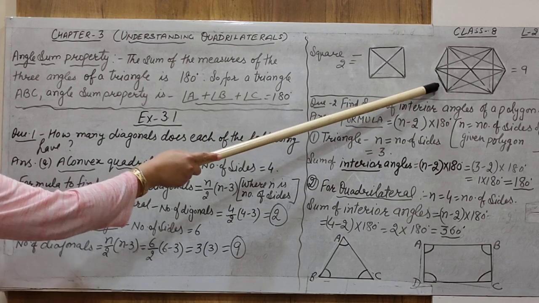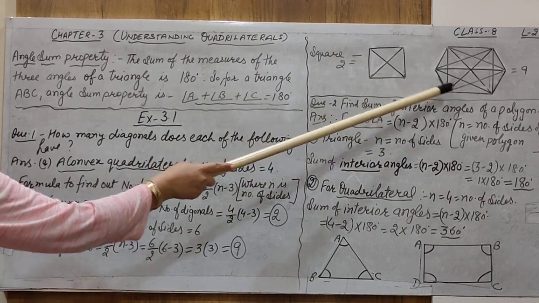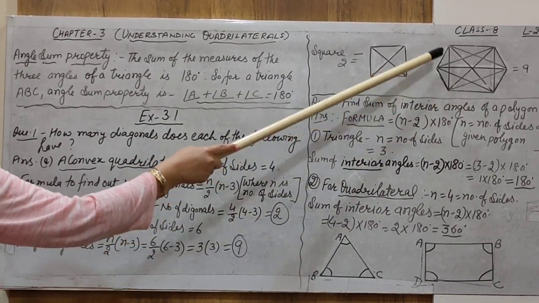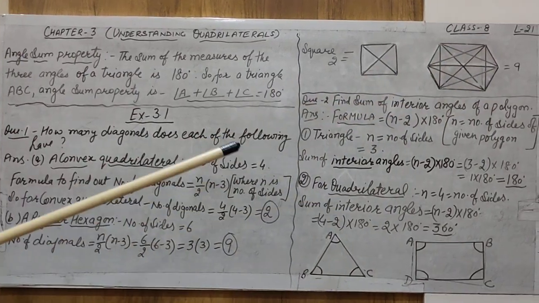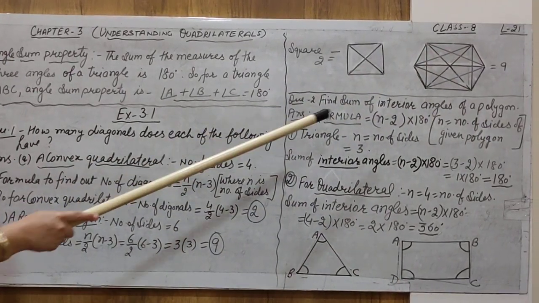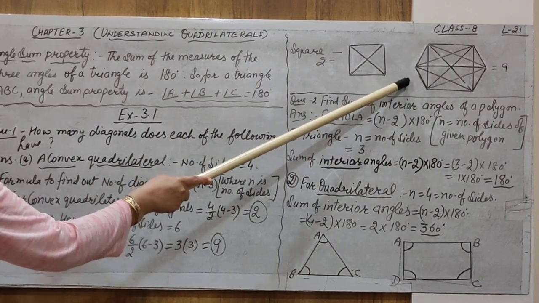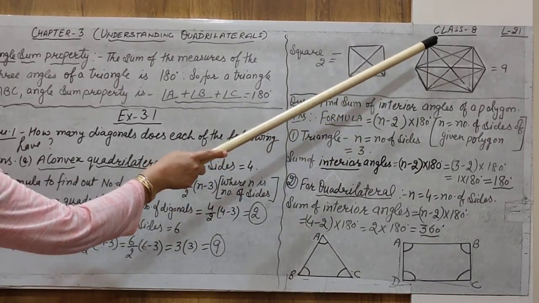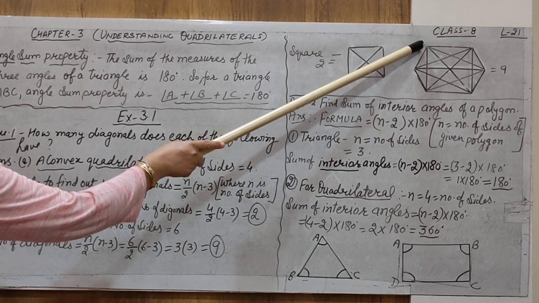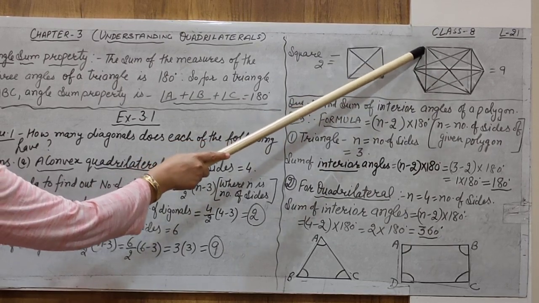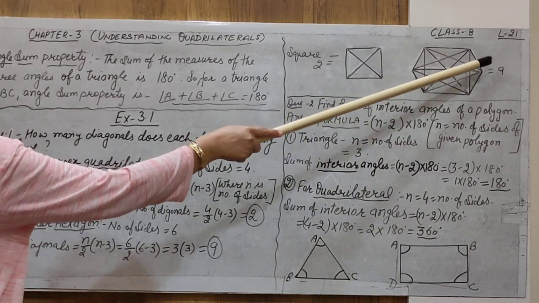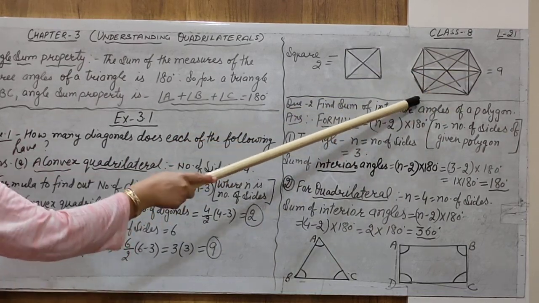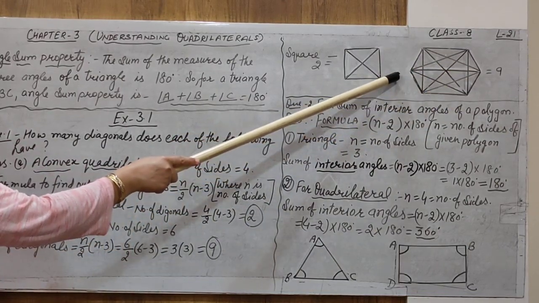Now this is a hexagon in which we have 6 sides: 1, 2, 3, 4, 5, 6. Now how can we draw the diagonals from each vertex? There are 6 points in a hexagon, 6 vertices.